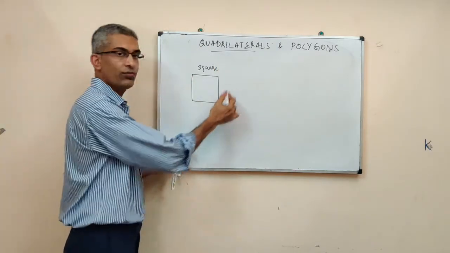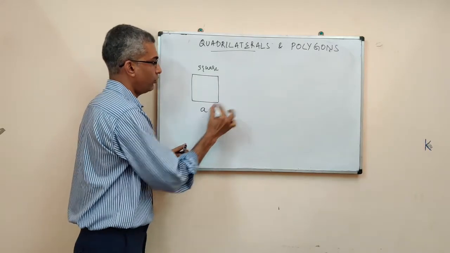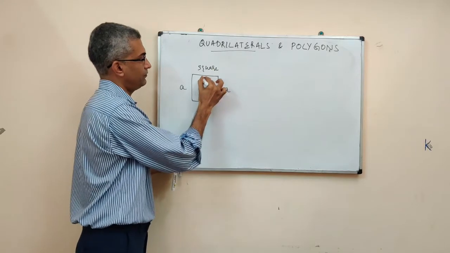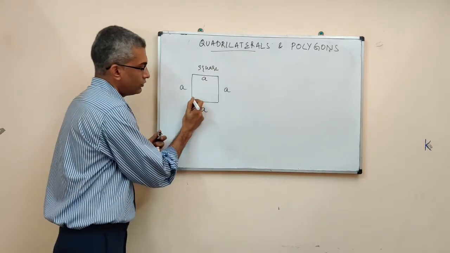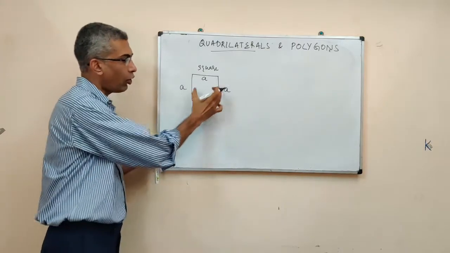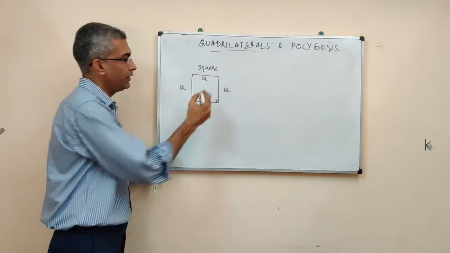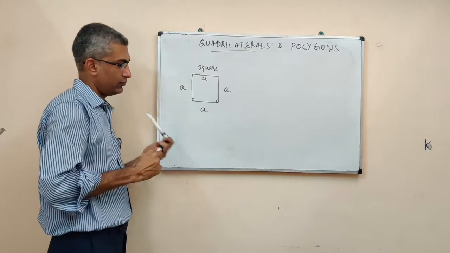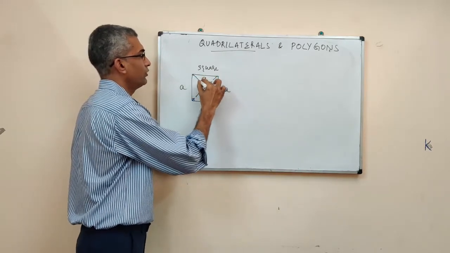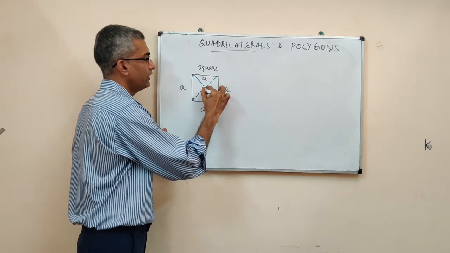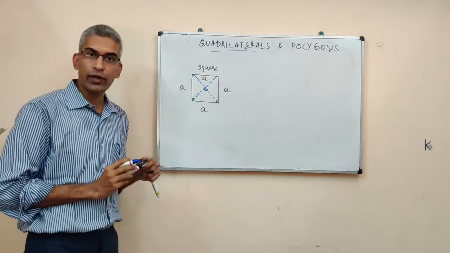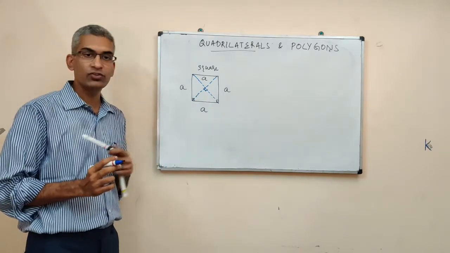In a square, all the 4 sides are equal. The angle between adjacent sides is 90 degrees. Opposite sides are parallel. The square has 2 diagonals. The diagonals intersect at an angle equal to 90 degrees. These are some properties of a square.